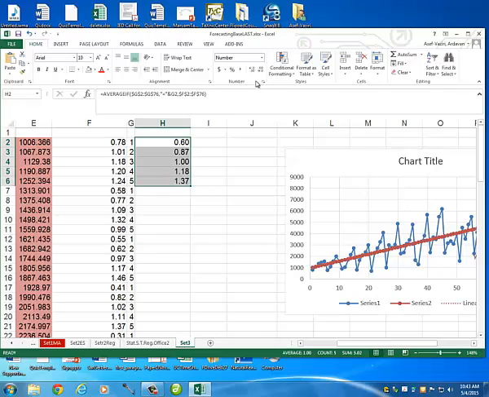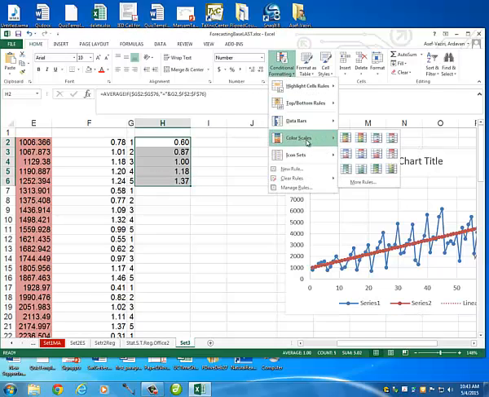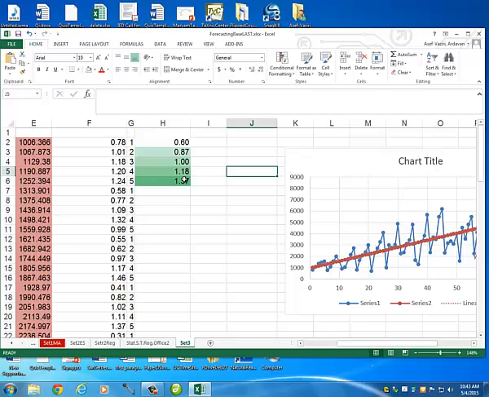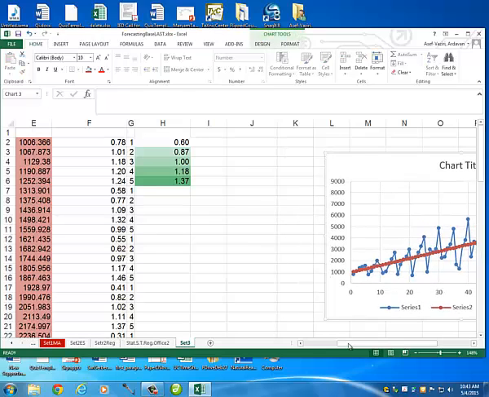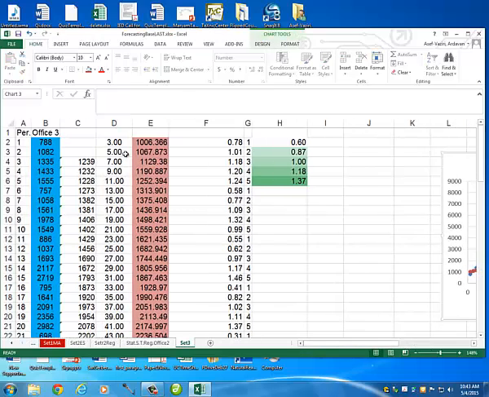Look at here, this seasonality is conditional formatting: high, less high, less high, low, and so on. So now I want to put back seasonalities on the regression line and use it as my forecast.